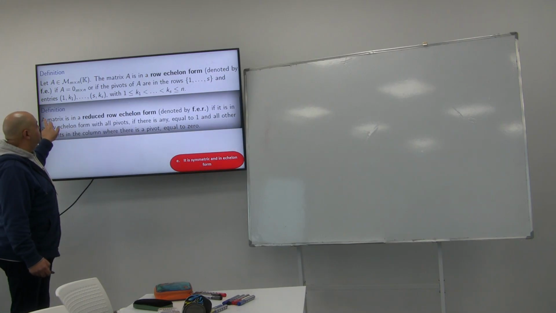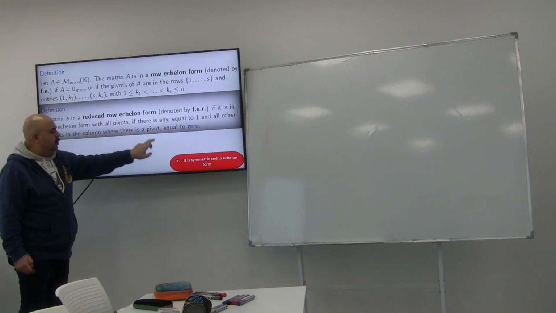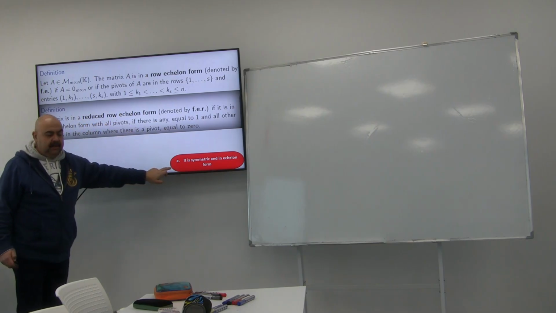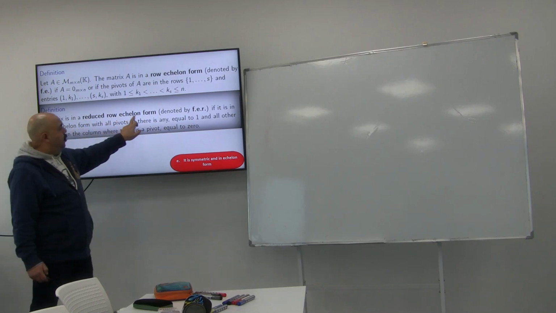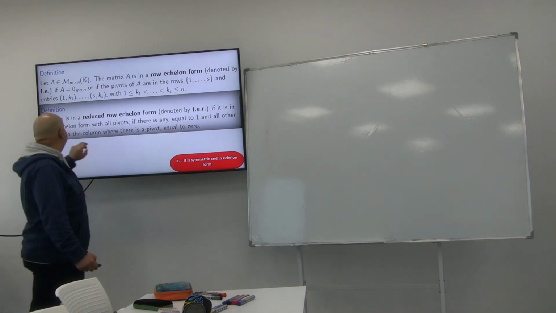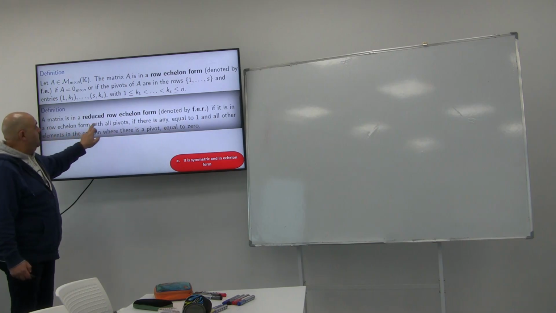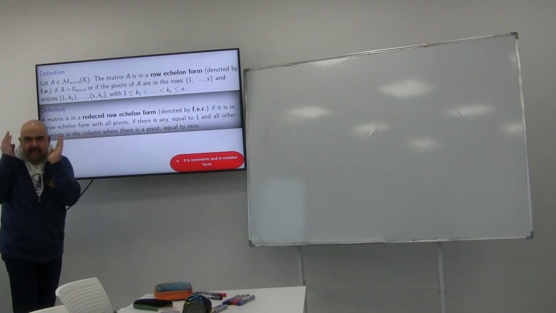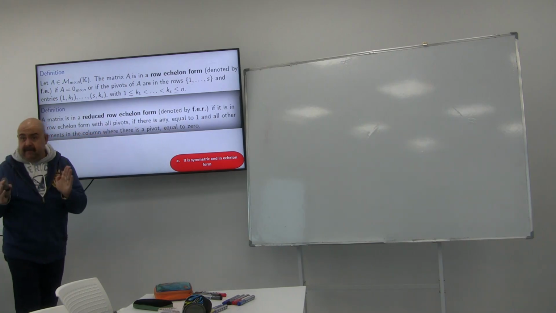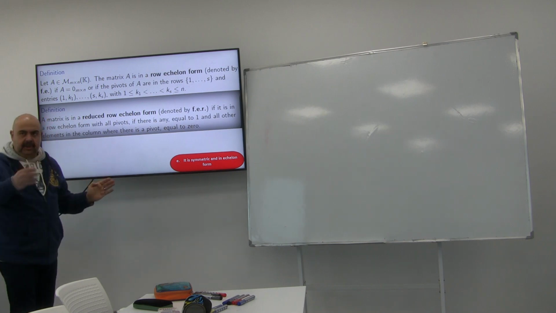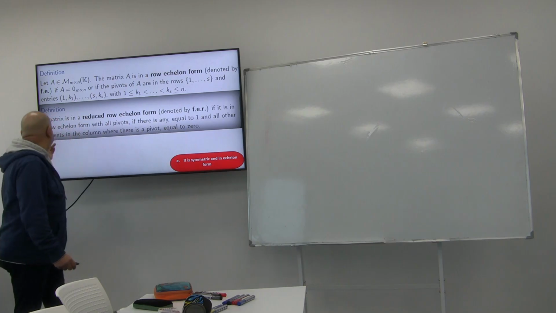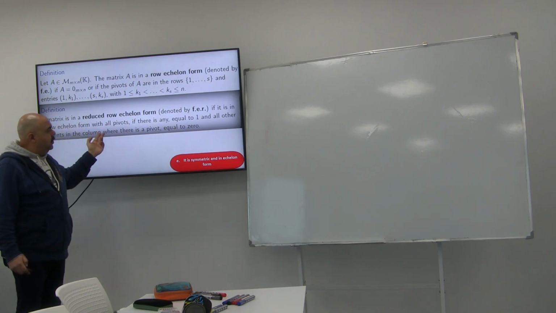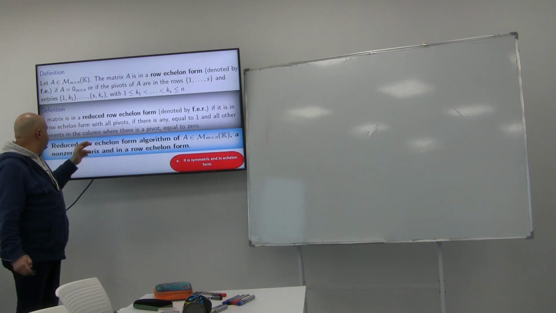To have a reduced row echelon form, which is the part that you are asked about, a matrix is in reduced echelon form, denoted by RREF, if it is in row echelon form with all pivots equal to 1 on each row, and all other elements in the column where there is a pivot equal to 0.